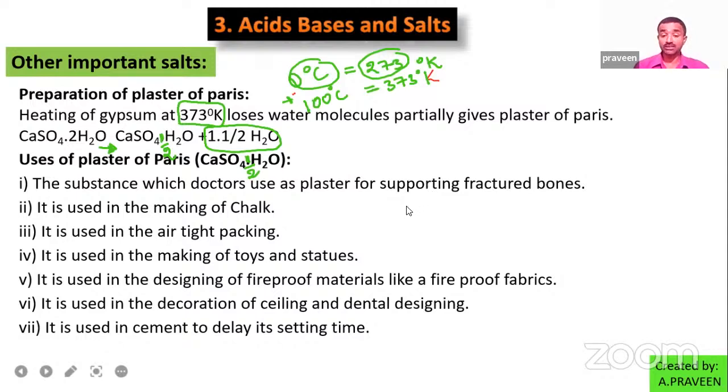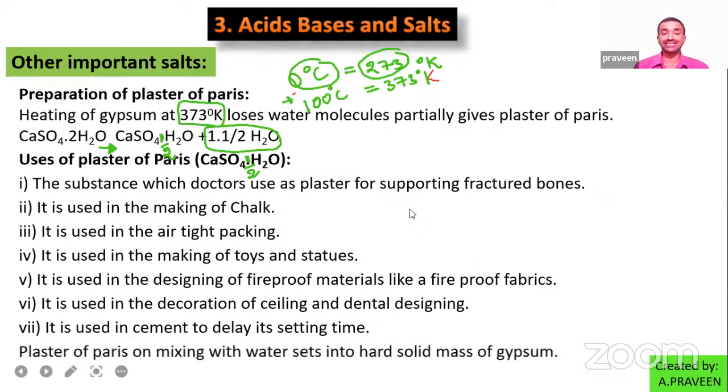So plaster of Paris on mixing with water sets into hard solid, converted into gypsum again. What happens on adding water here? Suppose the plaster of Paris we are using is CaSO4 half H2O. If 1.5 water molecules are added, what happens?